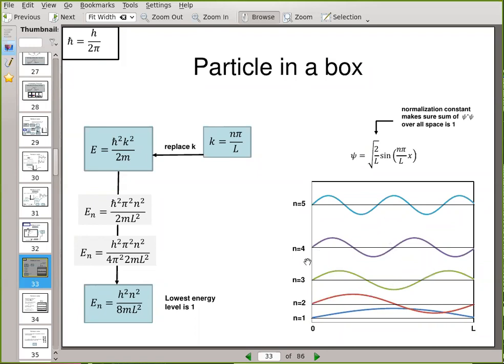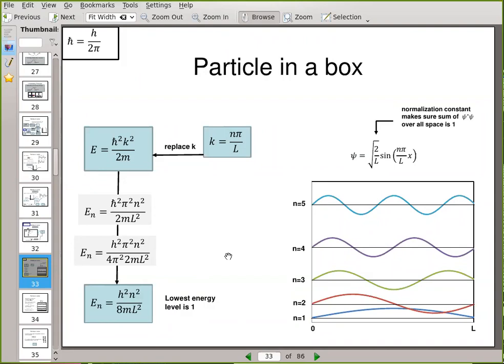It's interesting that we now have the energy levels, and the energy levels will define how the particle moves in the box. It can't just have any energy value, it's got to have these specific energy values, and we now have quantum mechanics. We've got the quantum: only set energies are allowed.